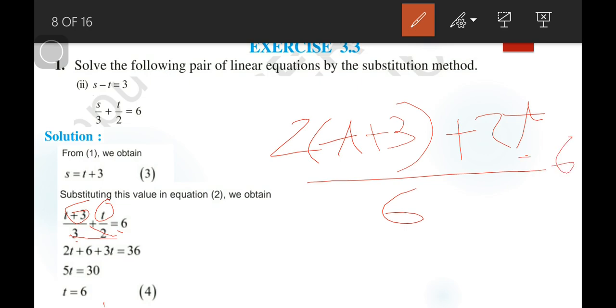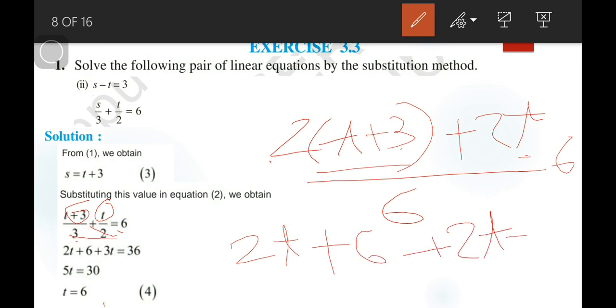Now after multiplying 2 into this bracket, we get 2t plus 6 plus 3t is equal to, here we move 6 to the RHS, then we get 36.